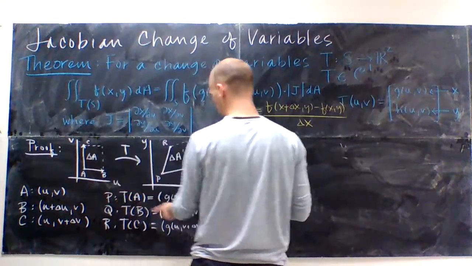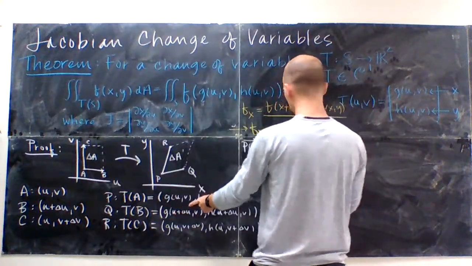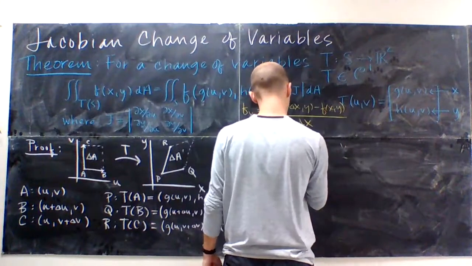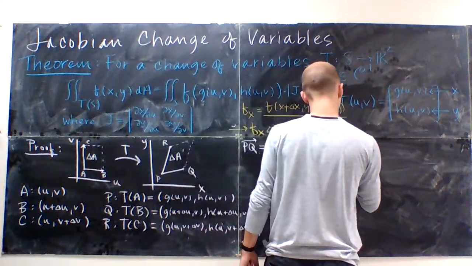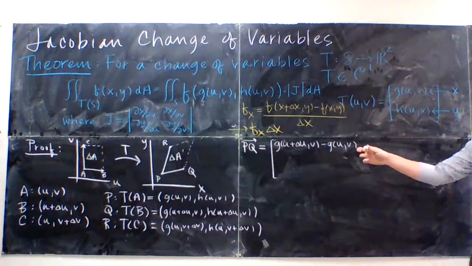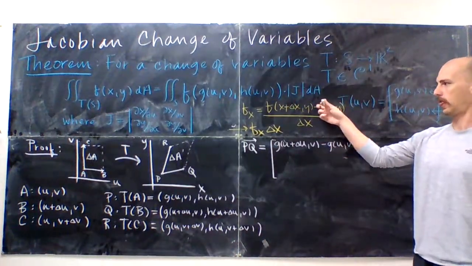PQ is Q minus P, at least in the x direction, so G of U plus delta U and V minus G of U and V. I'll let you look at that for a second and reconcile this with that.